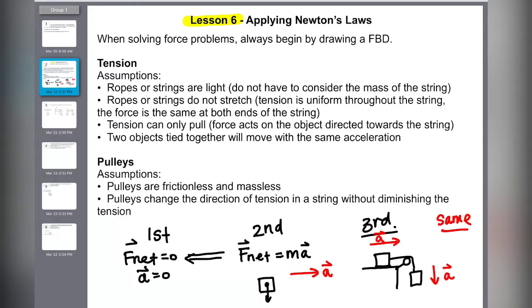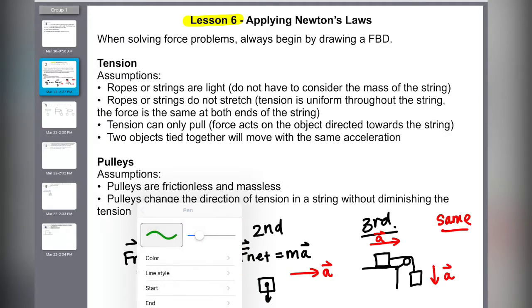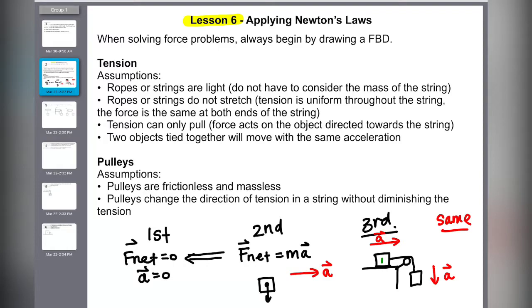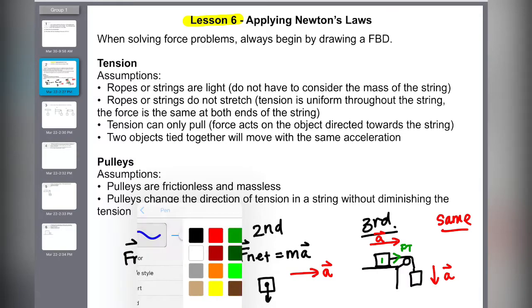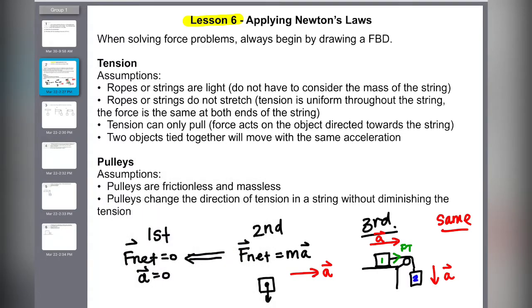The other thing is, if I look at the free body diagram individually for each of the boxes, say the box on the left-hand side, if I call this box 1, it's going to be feeling a force of tension that's going towards the right, being dragged by the block that is falling. But at the same time, the other block, if I call this block 2, is also going to be experiencing a force of tension that's pulling upward.